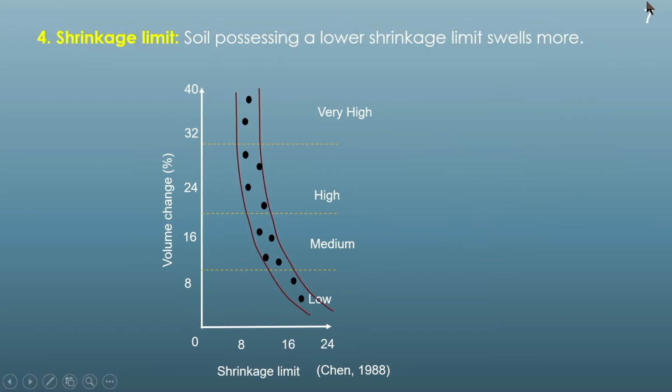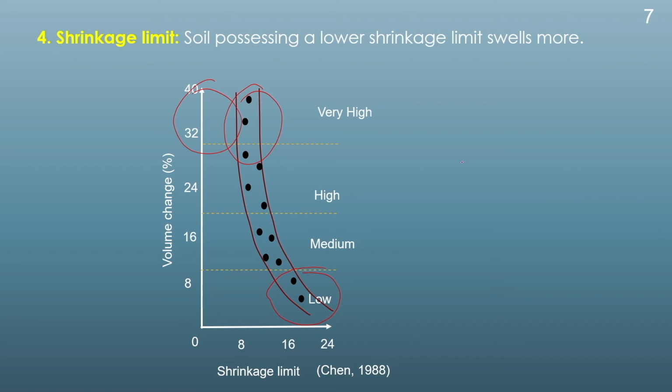Next comes the shrinkage limit of the soil. In this case, the shrinkage limit is inversely proportional to the volume change. That means the lower the shrinkage limit, the higher the volume change behavior of the soil; for lower volume change, the shrinkage limit should be high.